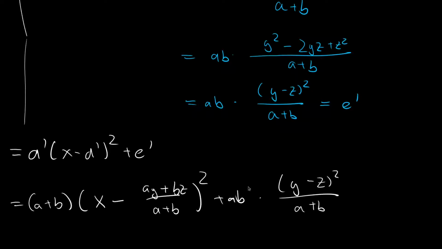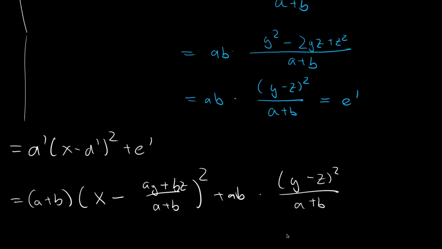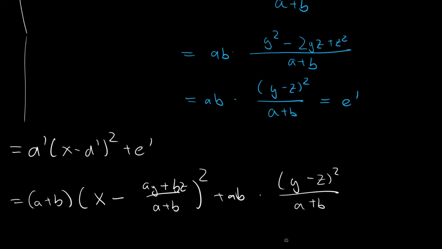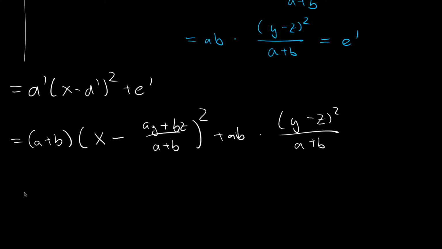And recall, this is what we got after completing the square for the summation of two quadratic equations or two quadratic forms. And originally we had a times x minus y in brackets squared plus b times x minus z in brackets squared, and we brought it into this form.